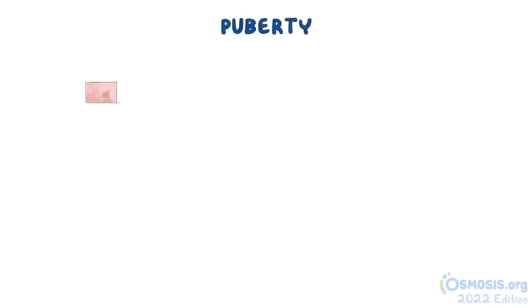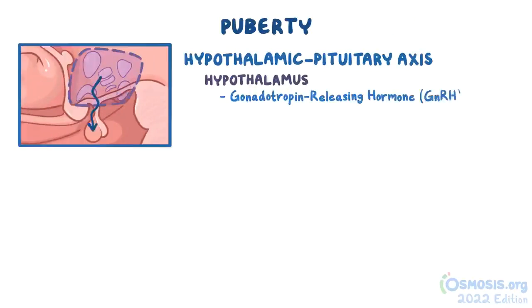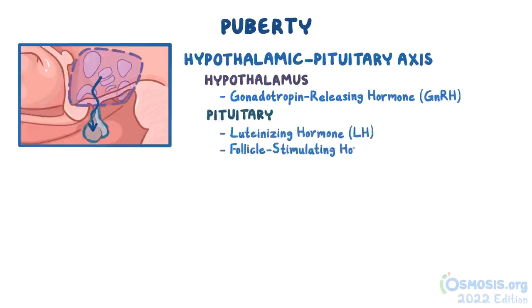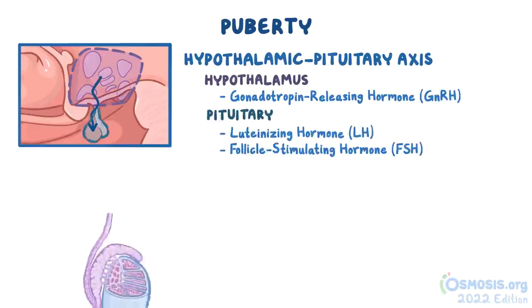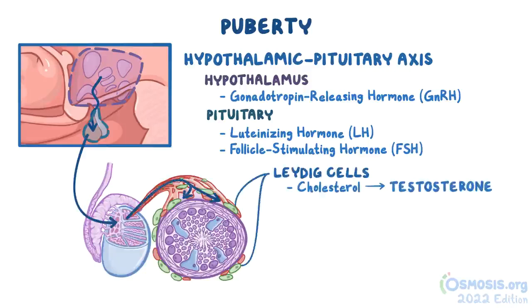In puberty, the hypothalamic pituitary axis regulates testosterone levels and gonadal function. The hypothalamus secretes gonadotropin-releasing hormone, which causes the pituitary gland to secrete luteinizing hormone, or LH, and follicle-stimulating hormone, or FSH. These hormones travel to the testes and cause Leydig cells to convert cholesterol into testosterone through a number of steps.